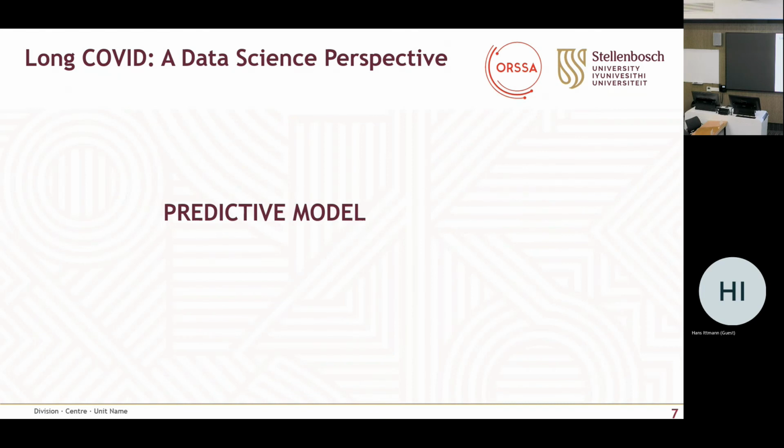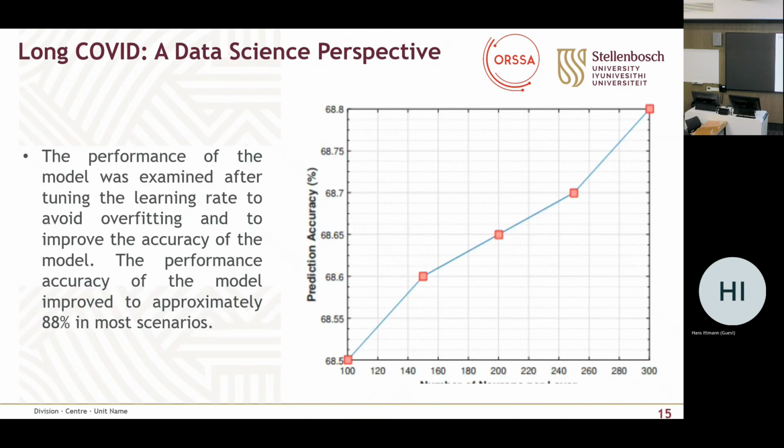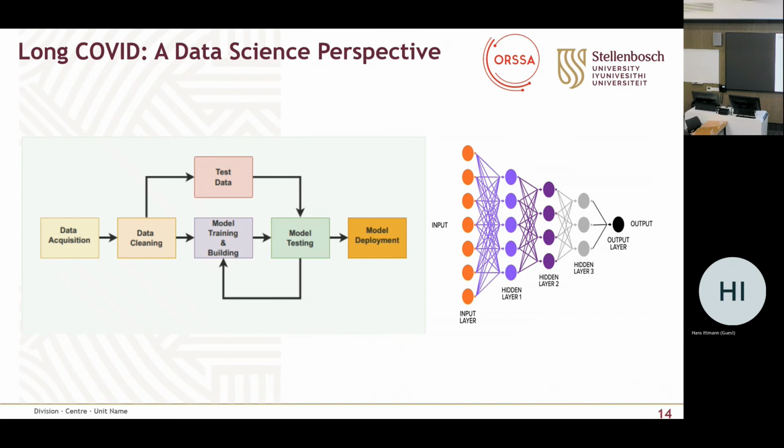So the predictive model is based on deep learning. For now, it's based on deep learning, which is a popular approach in machine learning for training models. For the input, we have 29 inputs I just mentioned: the comorbidities, the severity of the COVID symptoms, the age, the height.